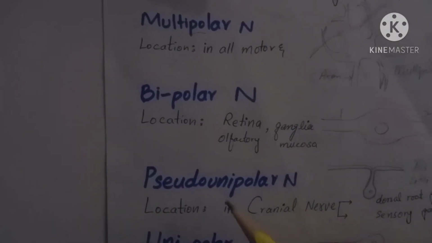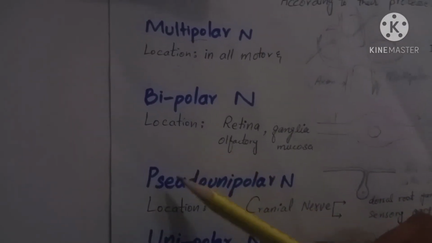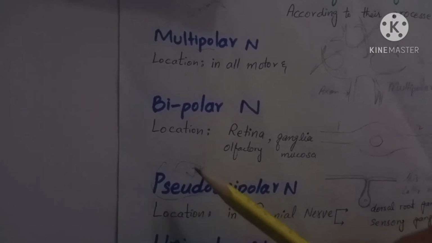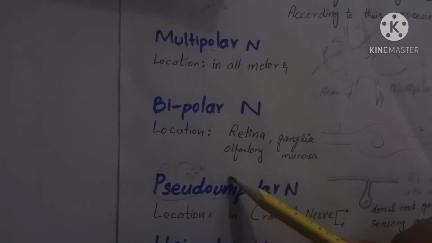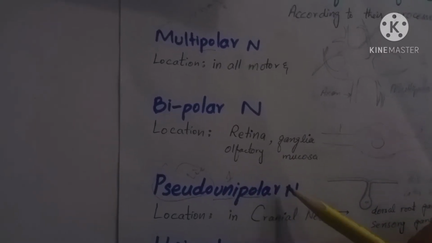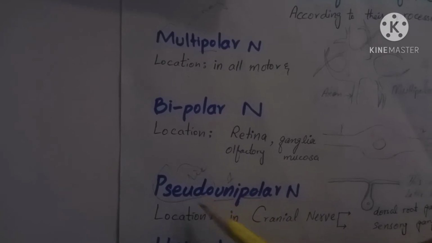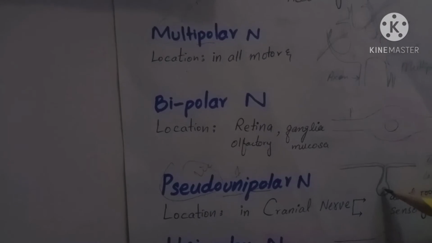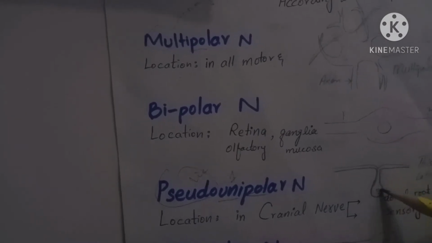The third one is pseudo-unipolar. Pseudo means false, uni means one, and polar means pole. It means you can see from here it looks like one.